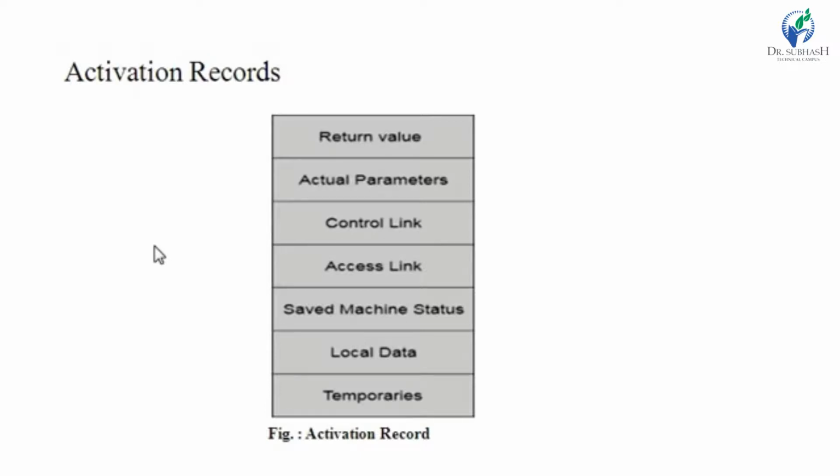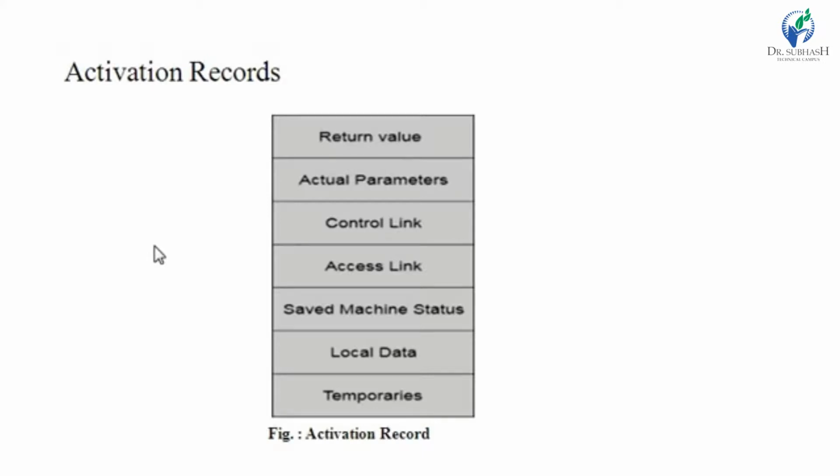The execution of a procedure is called its activation. An activation record contains all the necessary information required to call a procedure. An activation record may contain the following units depending upon the source language used. Temporaries store temporary and intermediate values of an expression.